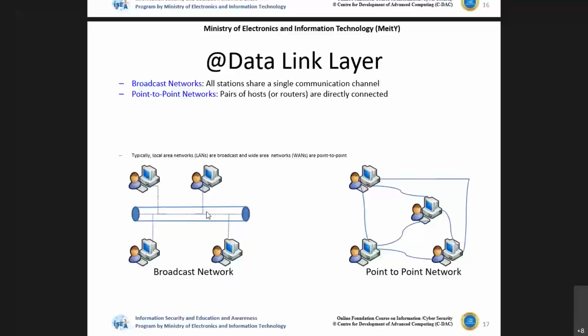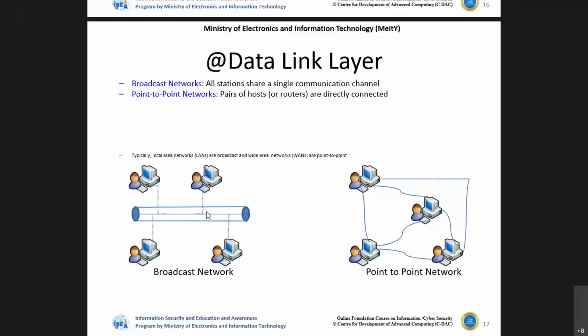And the other one is the point-to-point protocol. This is like a direct connectivity between one system and the other, where there is a dedicated line between the two machines, and the communication will be sent over that separate line.